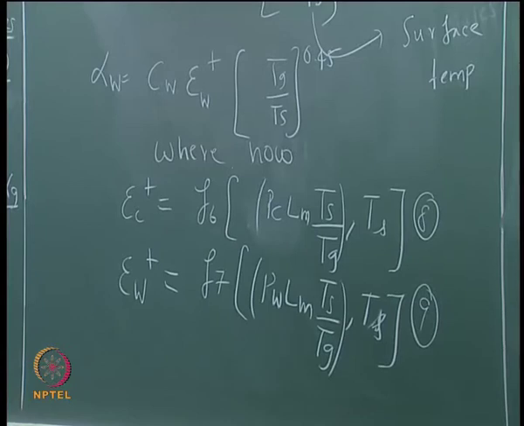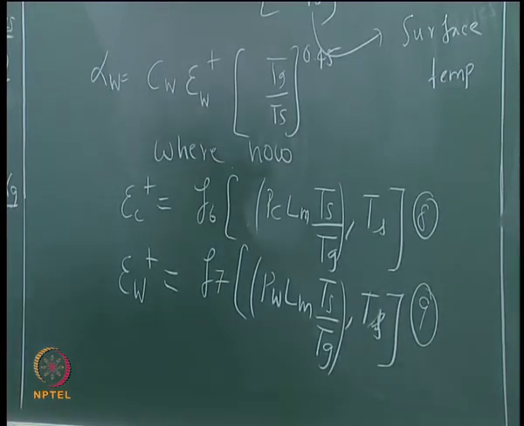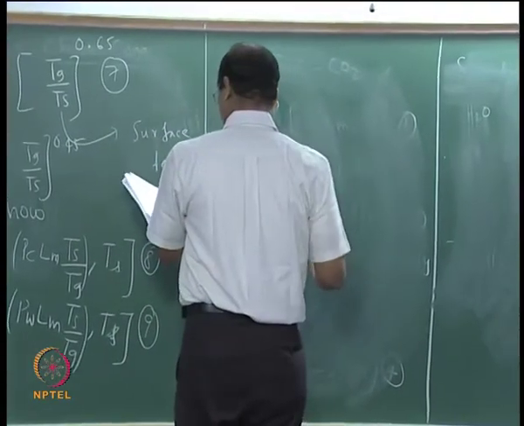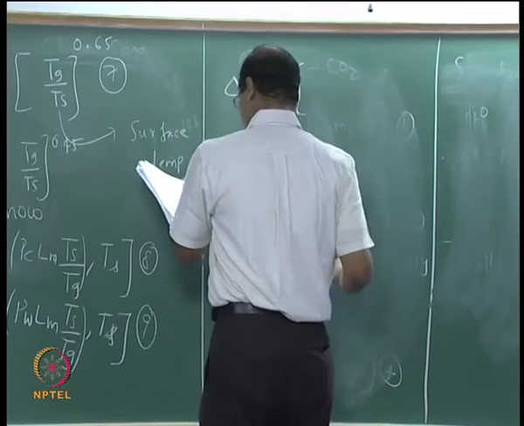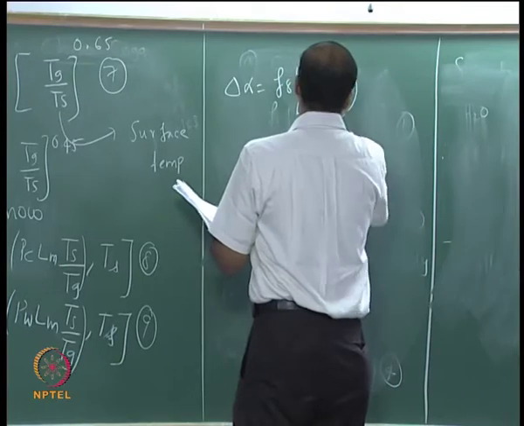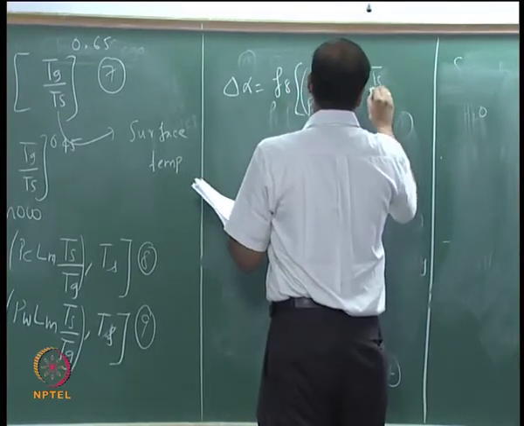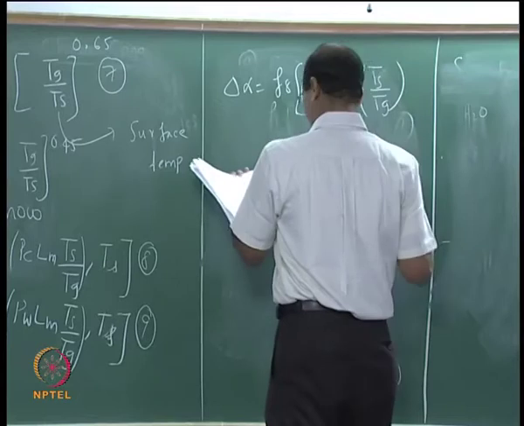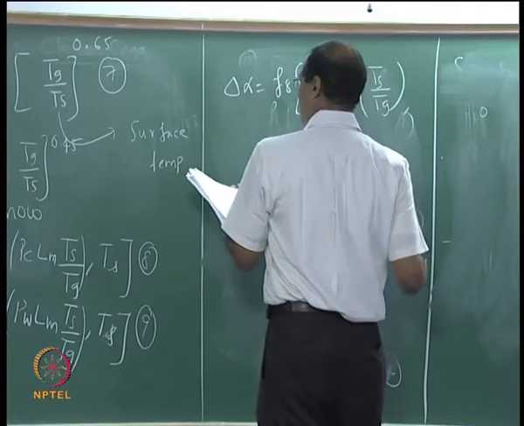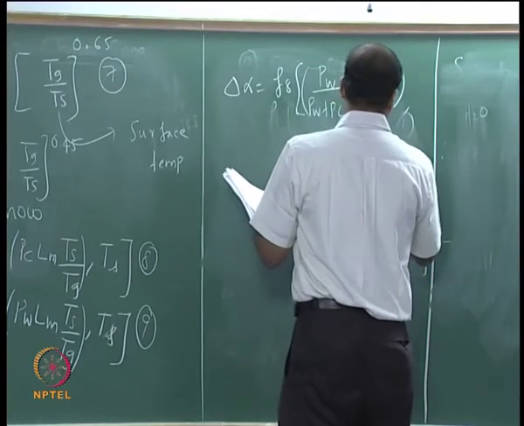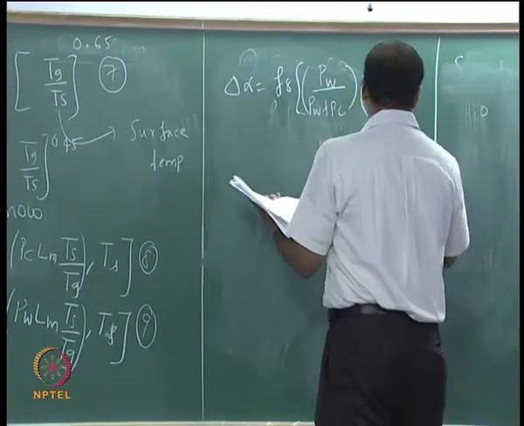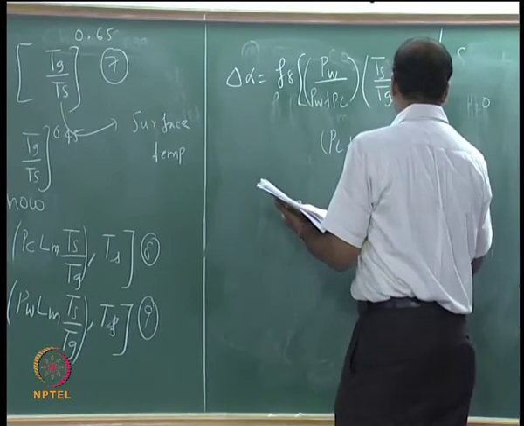Okay, and finally we also have delta epsilon and delta alpha. Delta alpha is a function of Lm.